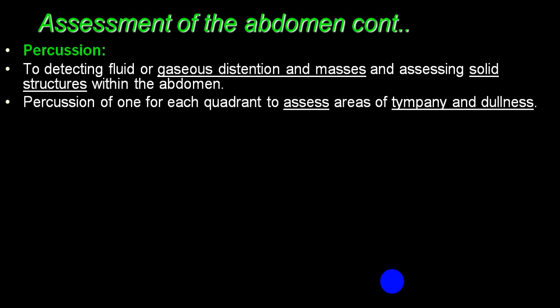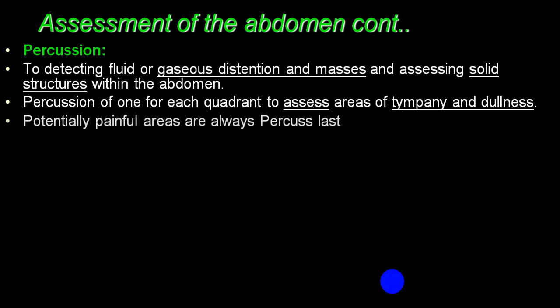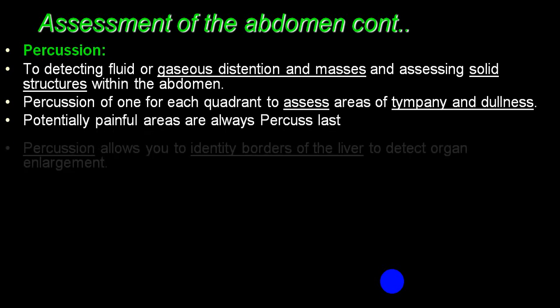Initially, always a light percussion should be utilized. And whenever you cannot detect properly by a light percussion, do a heavy percussion depending upon which structures you are percussing. Always percuss the painful area last.